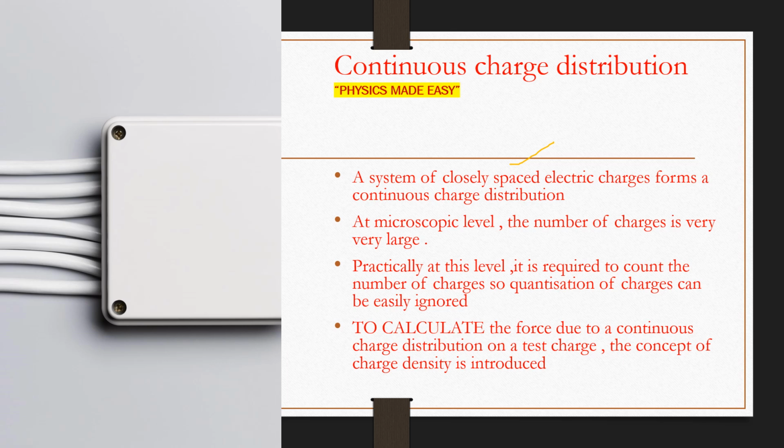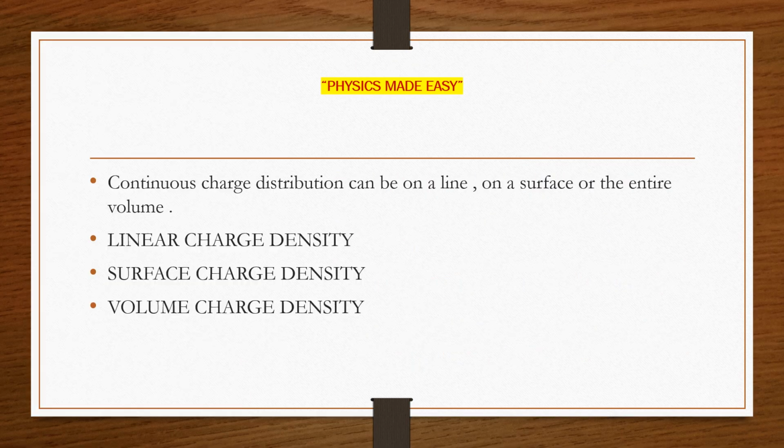In other words, at the macroscopic level the charges can take continuous values. So a continuous charge distribution can be on a line, on a surface, or in the entire volume. To calculate the force due to a continuous charge distribution on a test charge, the concept of charge density is introduced.